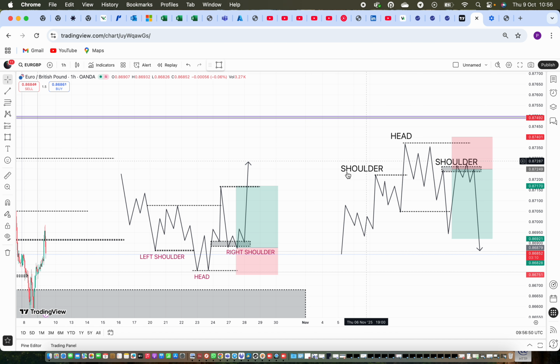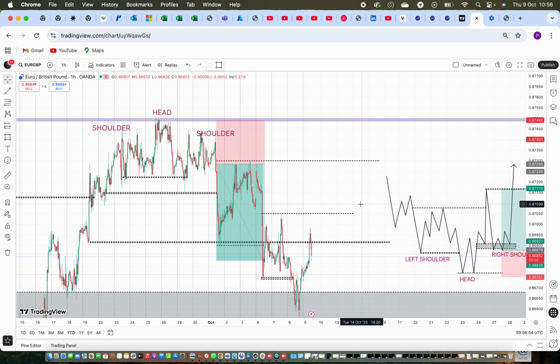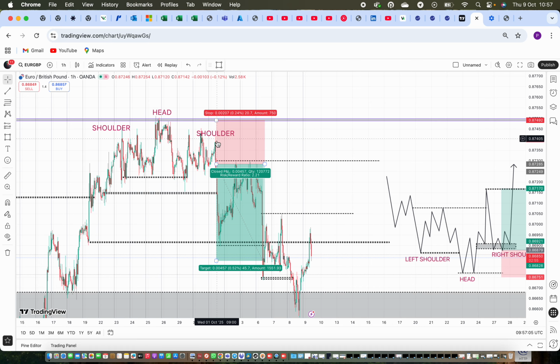Let me show you. Notice this formation here, and also notice this formation. Now if we come here, this is what actually happened. We see the left shoulder, we see the head, we see the right shoulder. After price broke structure at this level and created a low, price pulled back at this level, and you can take a clean trade.